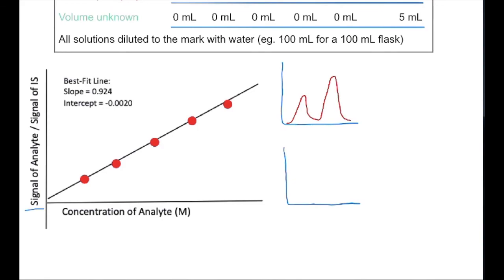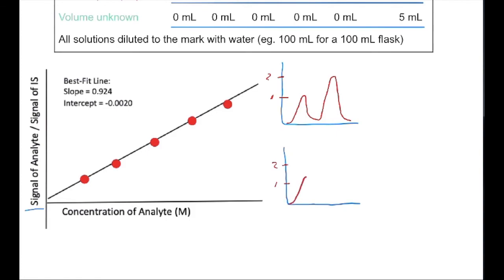Now, if we ran the same sample again, you might expect everything to look the same. I'm just going to call that a signal of 1 and this a signal of 2, just to make it simple, the signal of 1 and 2 being at the very peak of each of those curves.